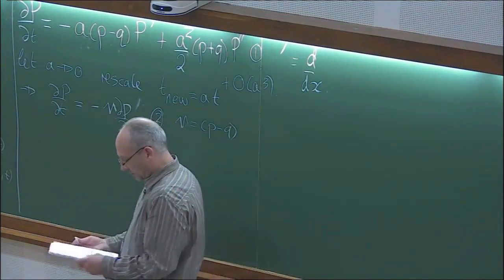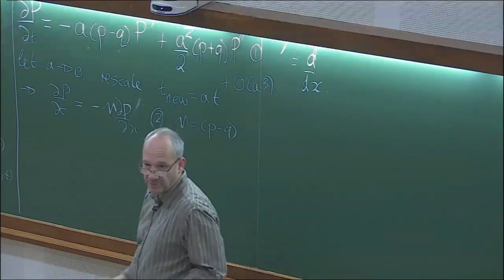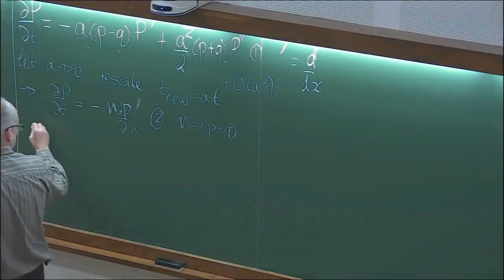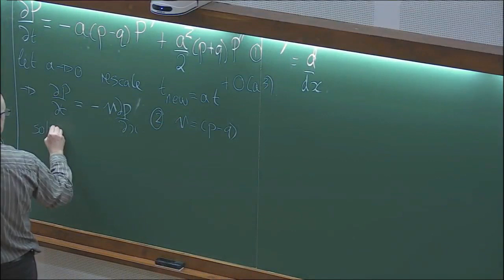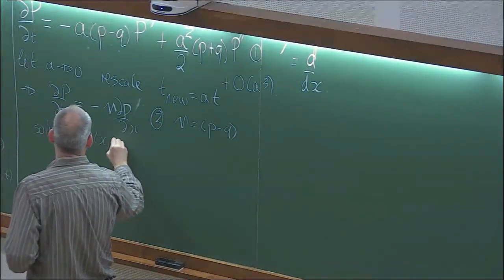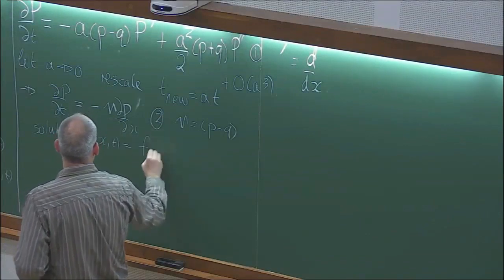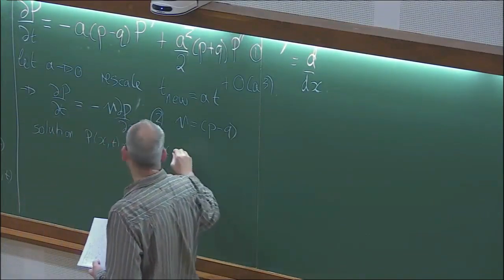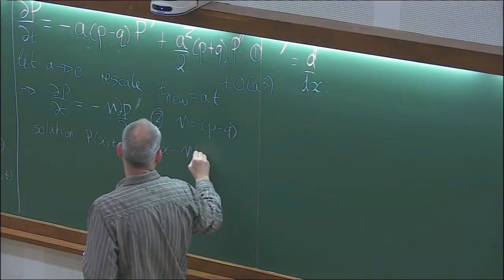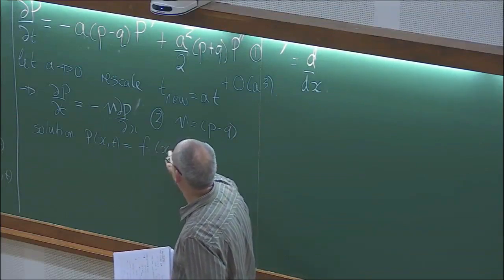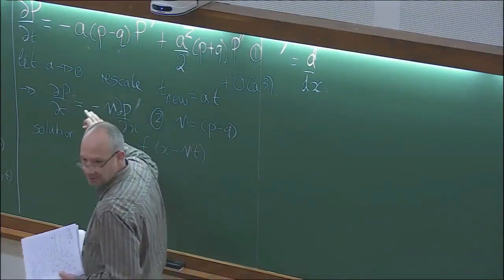Okay, the problem is that this equation is first order. It actually has a very simple solution. If p is a function of x and t, it's just some function of one variable, x minus vt. You can check any function f of x minus vt. If I put it in here, it solves this equation.